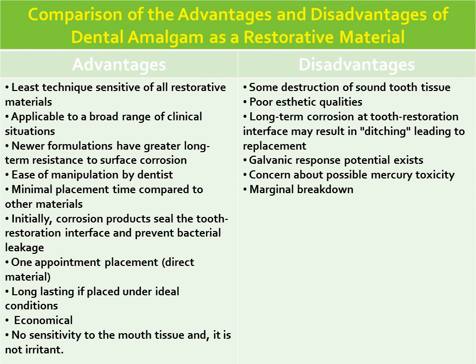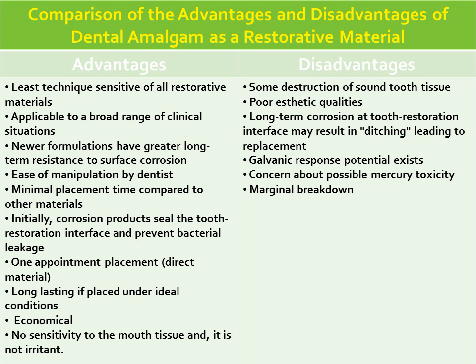Dental amalgam has many advantages. It is the least technique sensitive of all restorative materials, with only two steps: lining and amalgam. It is also applicable to a broad range of clinical situations, even in anterior teeth if it is not visible in the oral cavity and has no effect on aesthetics.